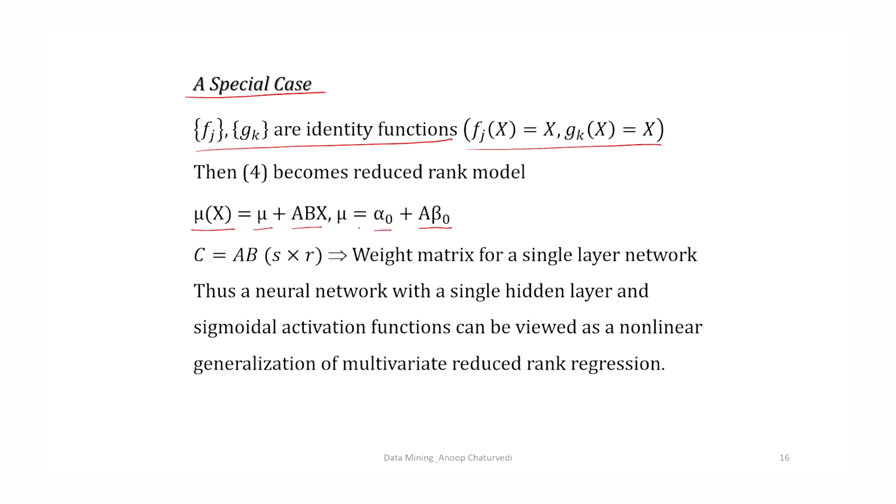And then we are writing alpha naught plus A beta naught equal to mu. So, mu of x is equal to mu plus AB x, and suppose you write C equal to AB, and the order of AB is S cross R. So, this C or AB is the weight matrix for this single layer network.